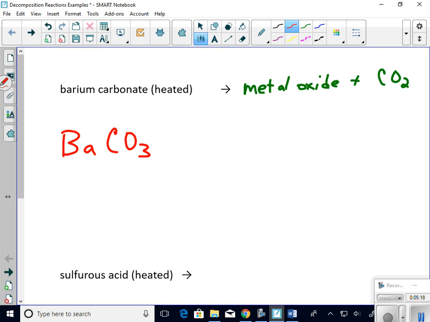Carbonate is a polyatomic that is a 3-. Now, how we signify in a chemical reaction, folks, that something is heated is we put a triangle above the yield sign. So that triangle signifies we are adding heat to this.